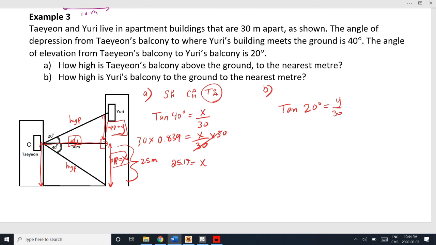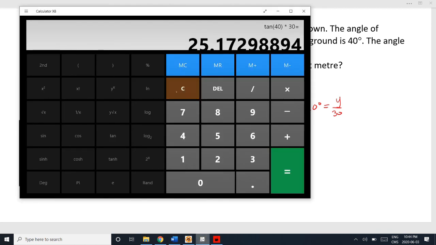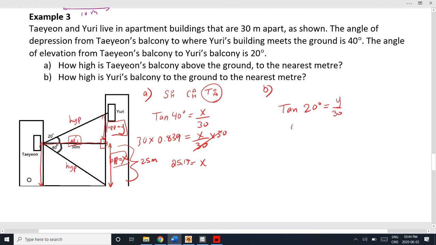So let's solve for what tan 20 degrees is. We can do that in our calculator here. Tan 20 degrees, let's close our bracket here, is equal to 0.363. So 0.363 is equal to y over 30. Again, to get rid of the 30, we're just going to multiply 30 on both sides. The 30s are going to cancel here.